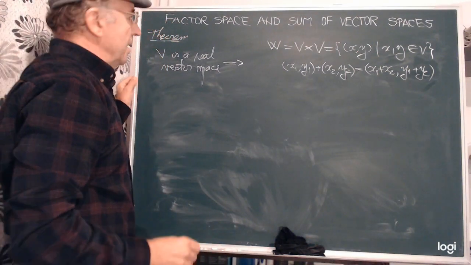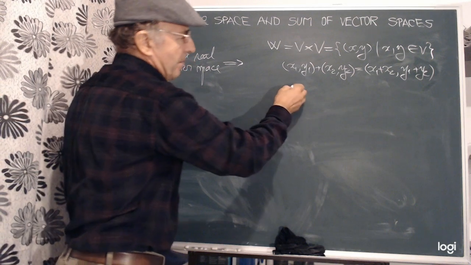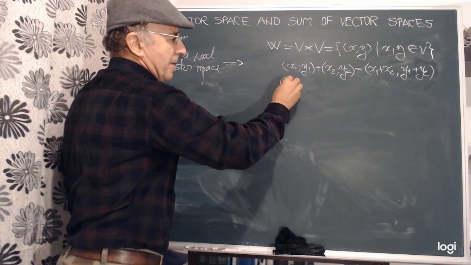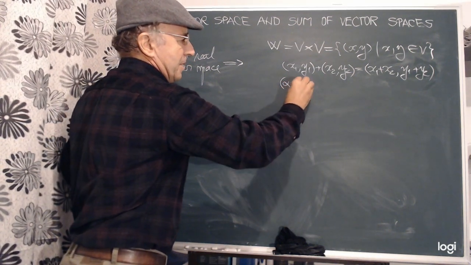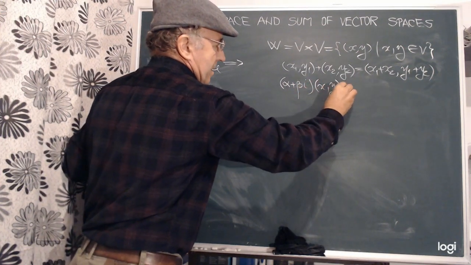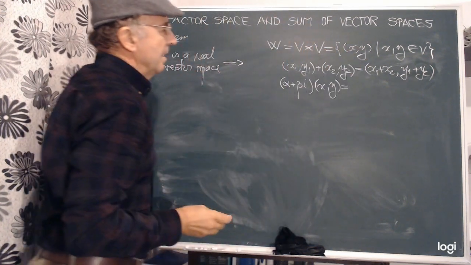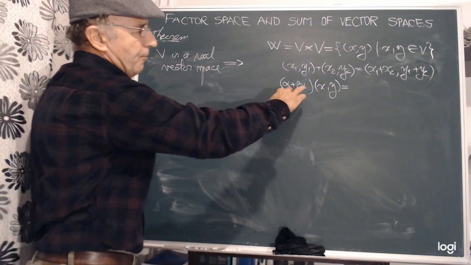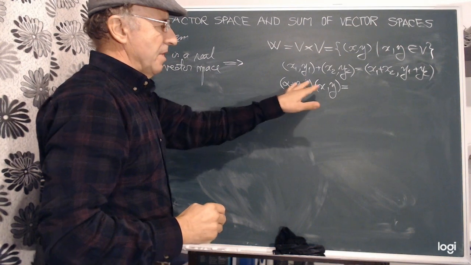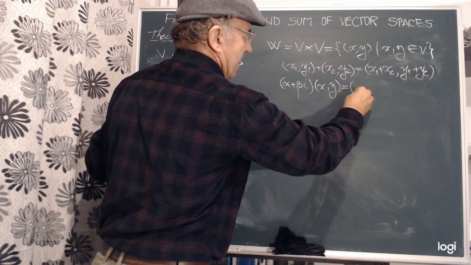And we have to define, in this case, the multiplication with the complex number alpha plus beta i times (x, y) to be an element. This is formally similar to the multiplication of two complex numbers.